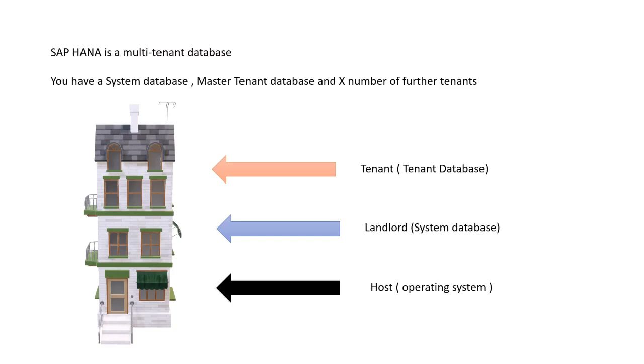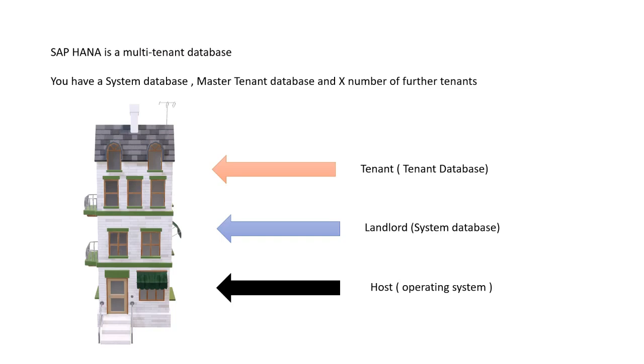The ground floor, I've considered this as the operating system. Just imagine in your brain that there's a building. The ground floor is the operating system on which the complete database is built. So both your tenant and system are on the same host, on the same operating system. That operating system governs the processes for both the system as well as the tenant databases.